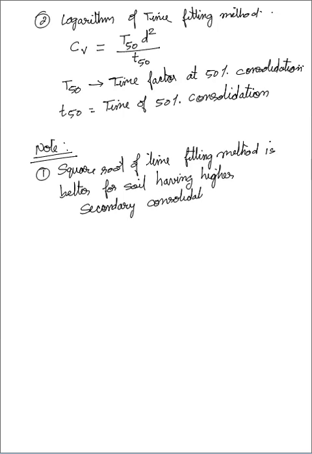Generally we are concerned with primary consolidation only, the first stage, but the square root of time fitting method is better for soil having higher secondary consolidation. This is very important.